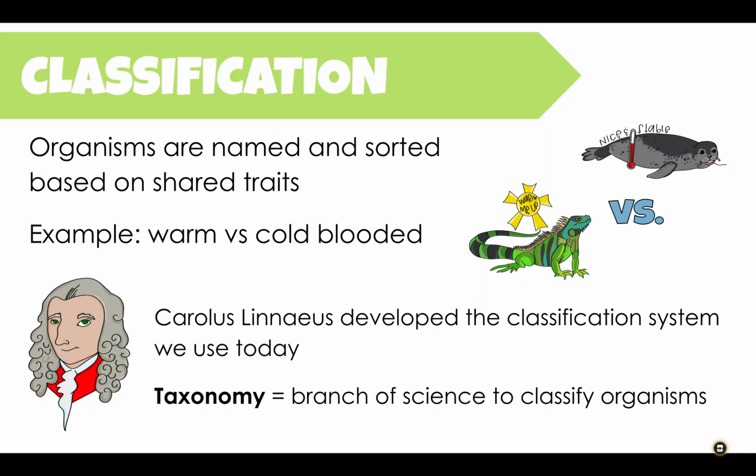And this process of grouping organisms based on these kind of either-or traits was developed by Carolus, I'm thinking is how you say that name, Linnaeus. And he came up with this system that we still use today. The branch of science that we use to group organisms, we call taxonomy.